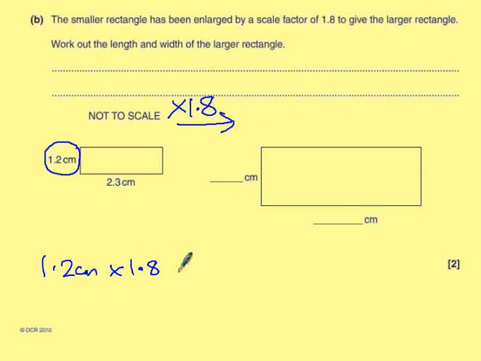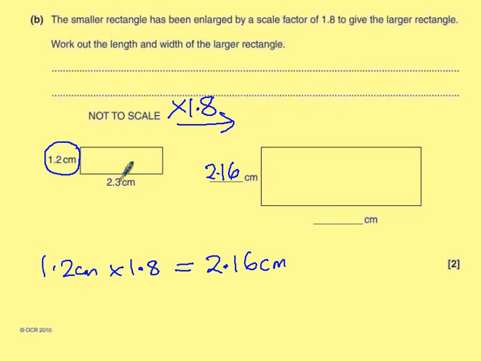That means the lengths have been enlarged by 1.8. So using a calculator, we're going to work out 1.2 times 1.8. That gives us an answer of 2.16 centimetres. So our width of the rectangle is now 2.16 centimetres.